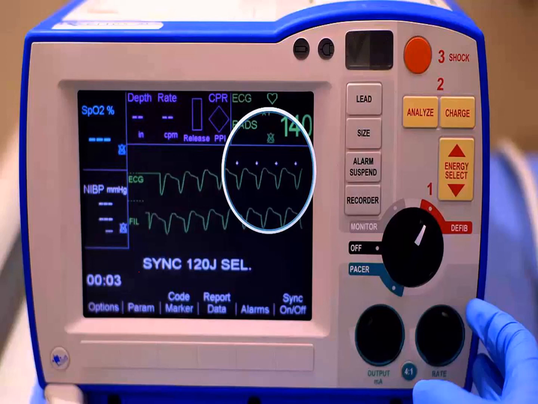In synchronized cardioversion, there will be the word sync, and there will be markers on top of your QRS complexes. This is absent when you shock the patient in the cardiac arrest algorithm. So this is the marked difference between synchronized cardioversion and defibrillation.